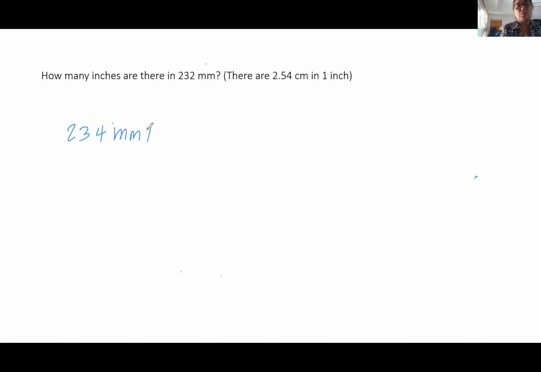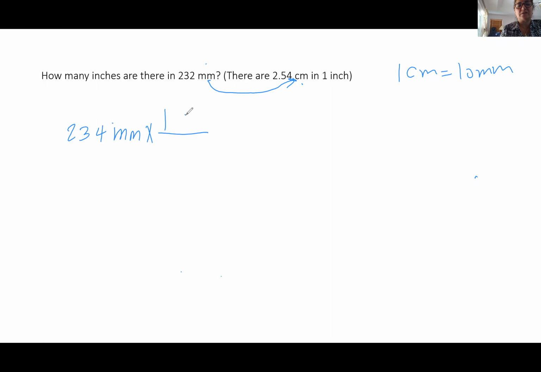You want to know what is your conversion factor that would change this to inches. Do we have a relationship between the inches and the millimeter as a given? No, we don't have it. We have the centimeter. So first we have to change the millimeter to centimeter. And by definition, 1 centimeter equals 10 millimeter. So I want to cancel millimeter. I want to change to centimeter.